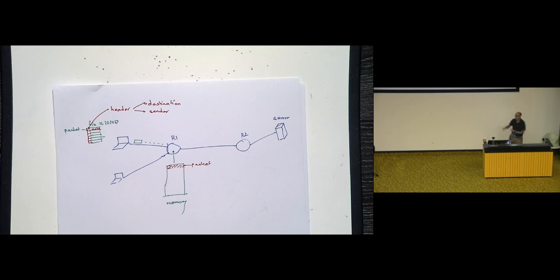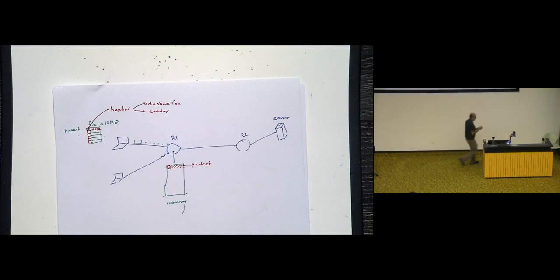So the router will store the whole packet. Once it has stored the whole packet, it will look at the header and ask, where do you want to go? What is the destination? Later on we will talk about how we represent destinations through something called IP addresses. But basically it will look up the destination address. So this is where you want to go.